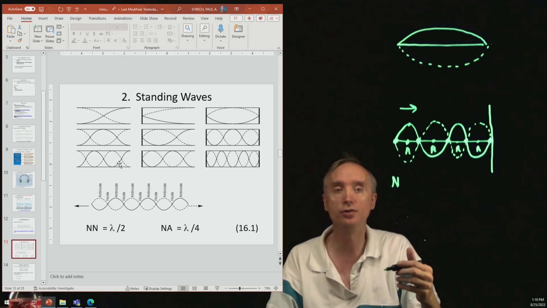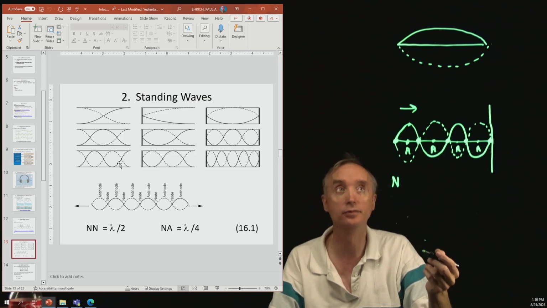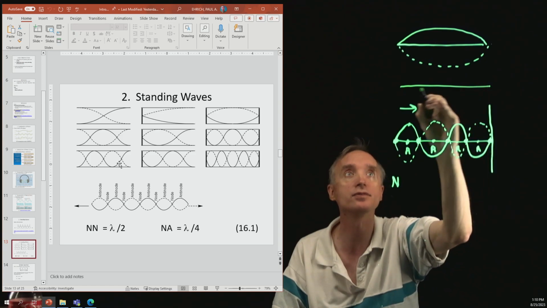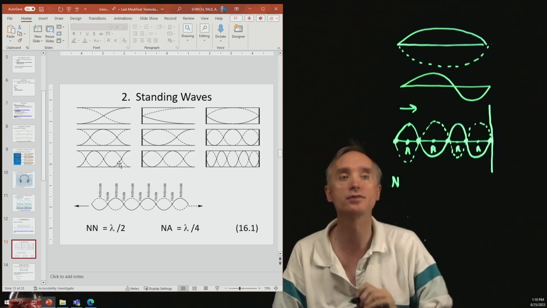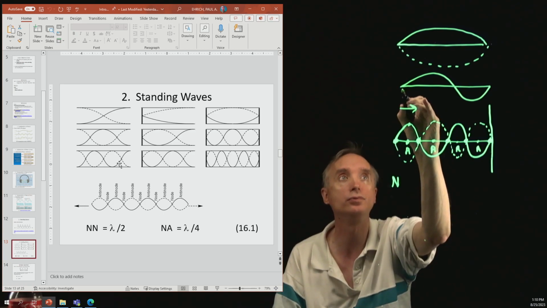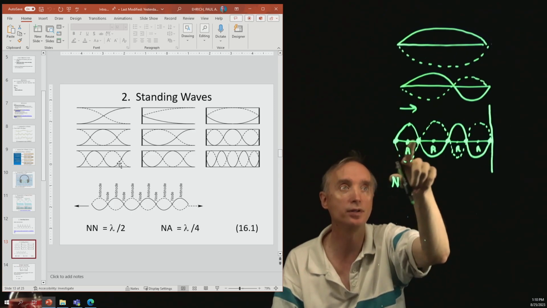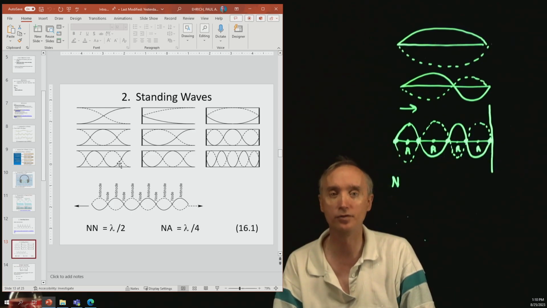Then you could have two standing waves in there. That would be a case like this, where it goes across and then goes up and then down like that. So that would be two standing waves. And this one here is four standing waves. But there's another way of doing it.